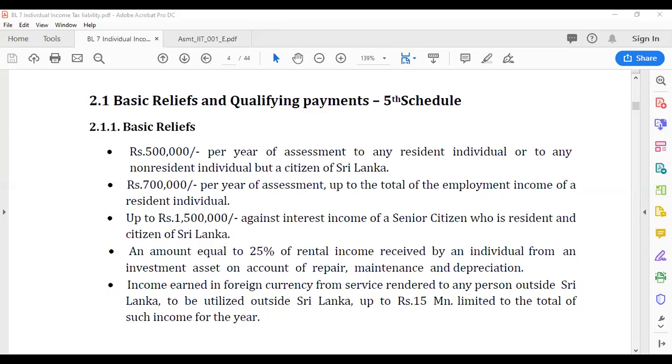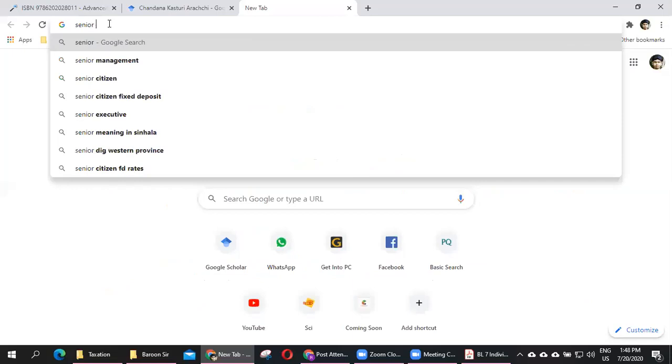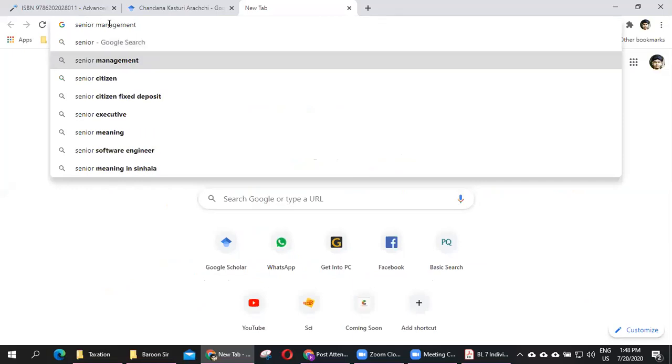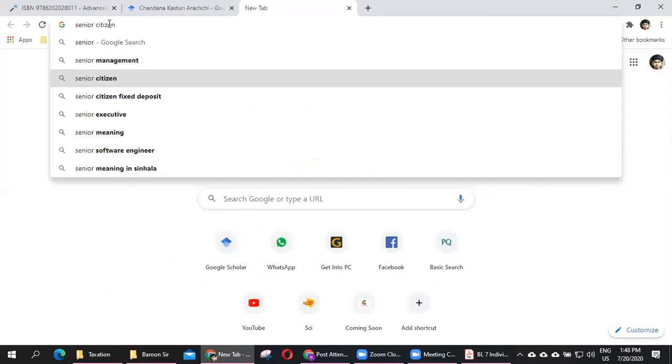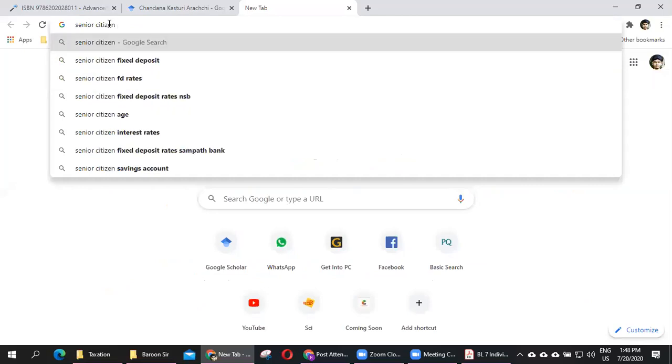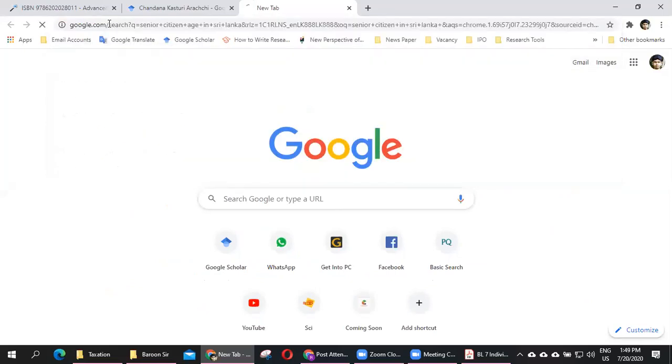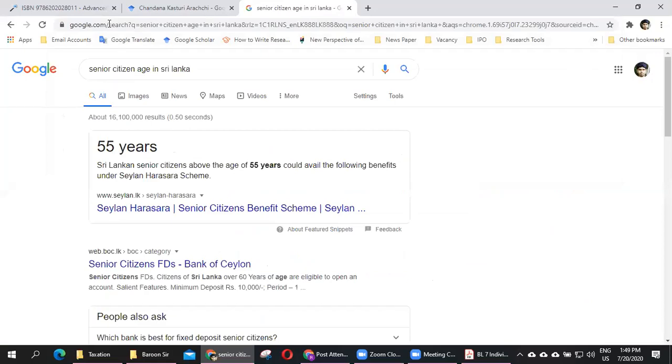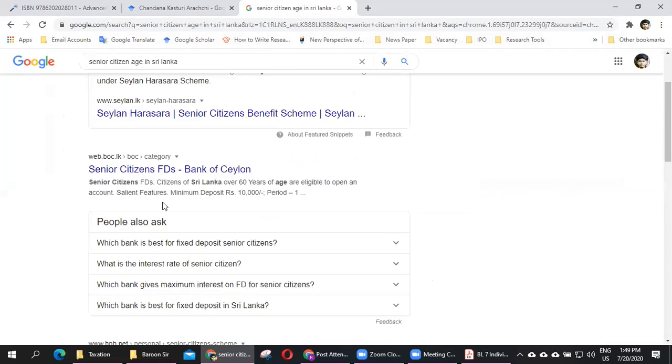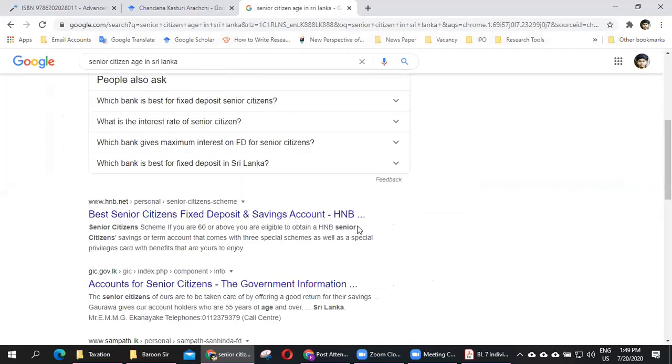Senior citizen in Sri Lanka. It says 55, but senior citizens above 60 years is correct.